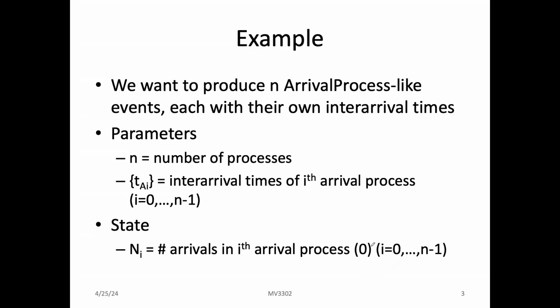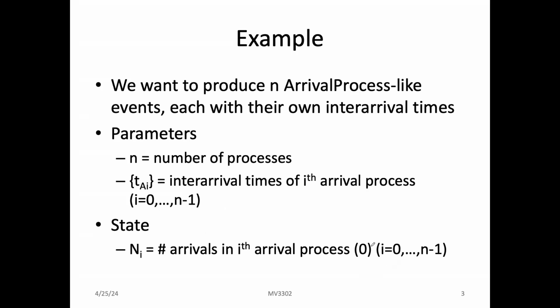Okay, so let's, all right, I want to give an example. So let's say, like here's another arrival process like thing. So, we've seen some kind of onesies and twosies types of things, but what if we want to produce n arrival process like events, but each with their own inter-arrival times?